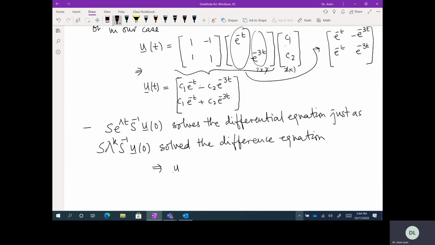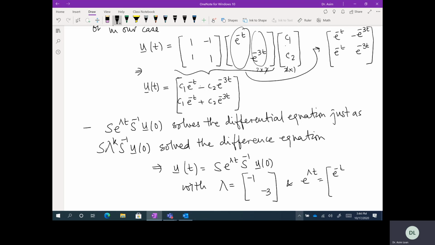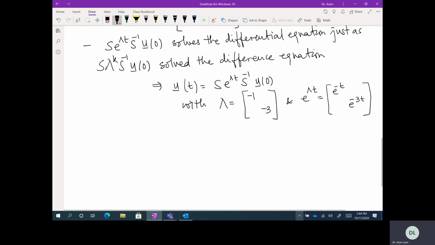Or this implies u of t is S e^(Λt) S inverse u naught, with lambda equal to -1, -3, and e^(Λt) equal to e^(-t) and e^(-3t). So we still need to figure out how we got e^(Λt) as e^(-t), e^(-3t).